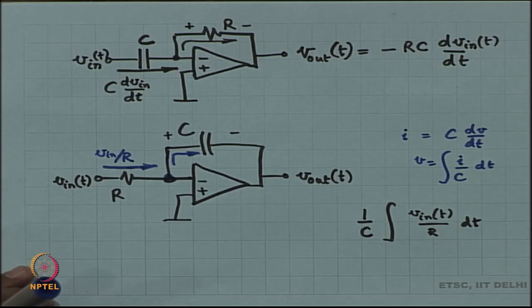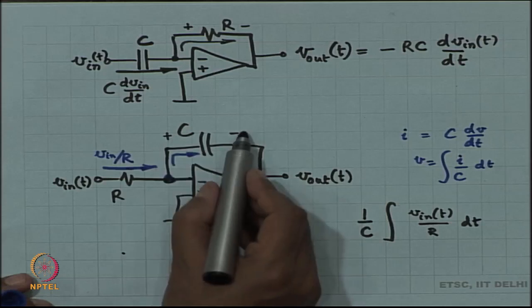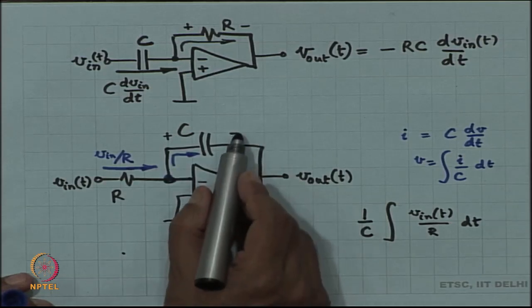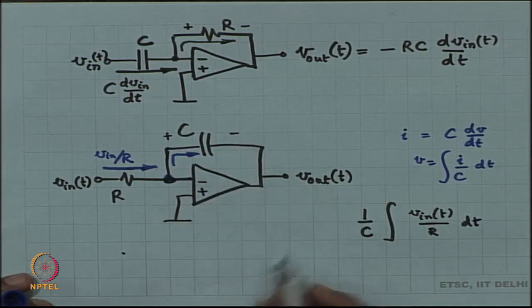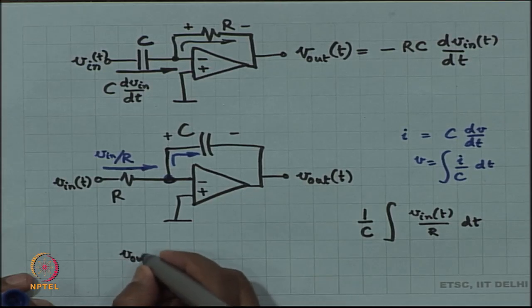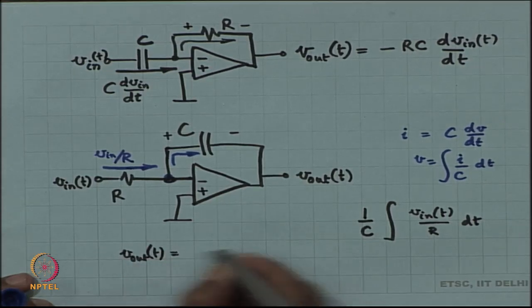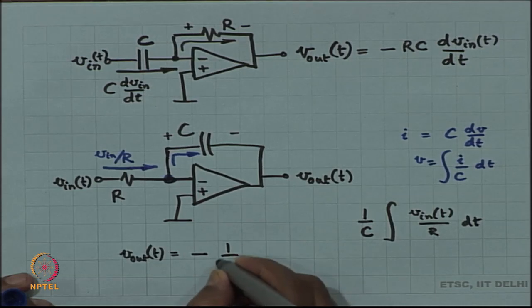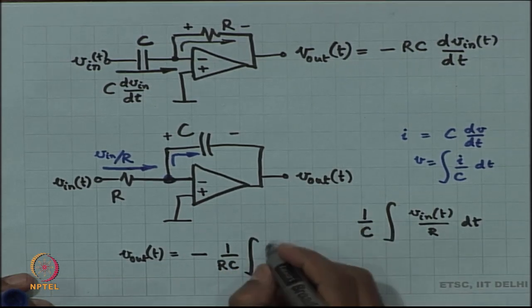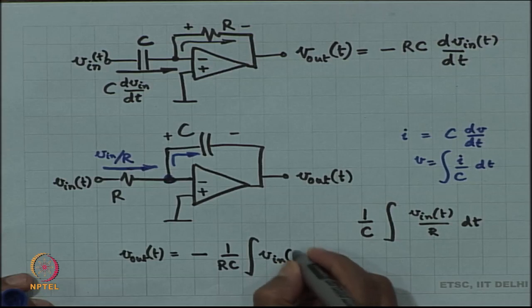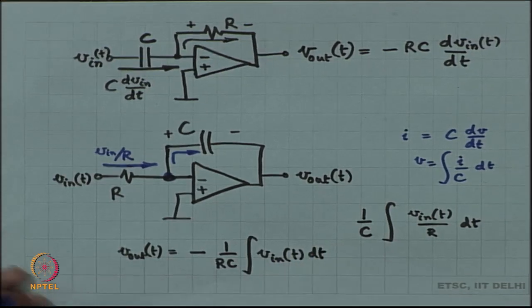That is the voltage drop across the capacitor, or in other words V out. So, V out is at the minus terminal. So, V out of t is equal to minus 1 by R C integral V in t dt. So, this is the way it works.